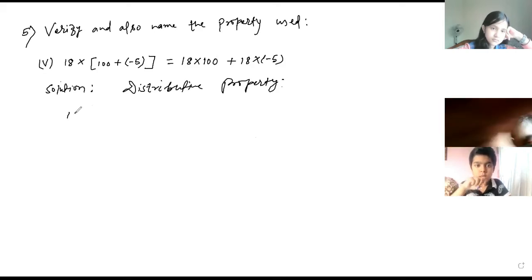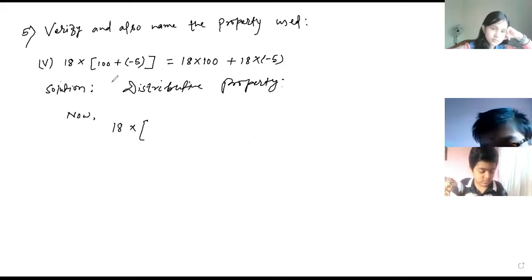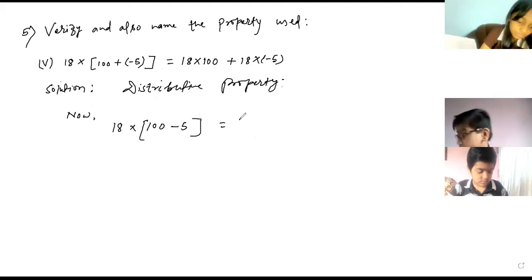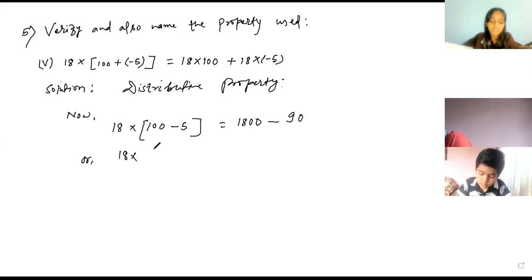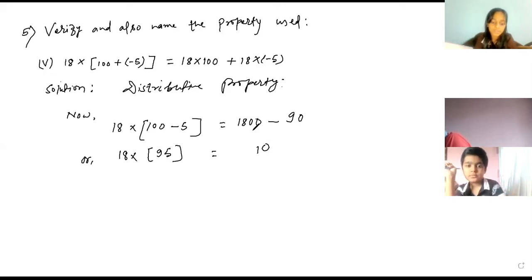Now check. This is 18 into 100 plus minus 5. So 18 into 100 is 1800, and plus into minus becomes minus, and 18 into 5 is 90. So 18 into 100 minus 5 is 95.